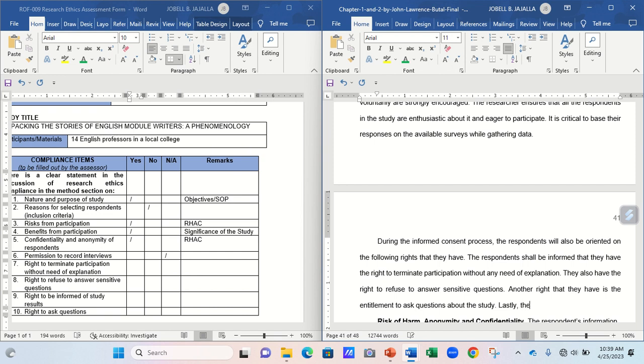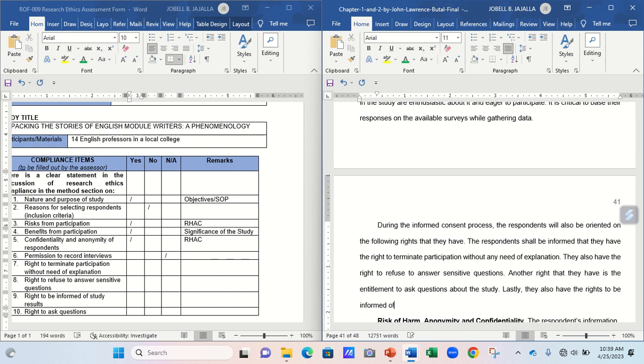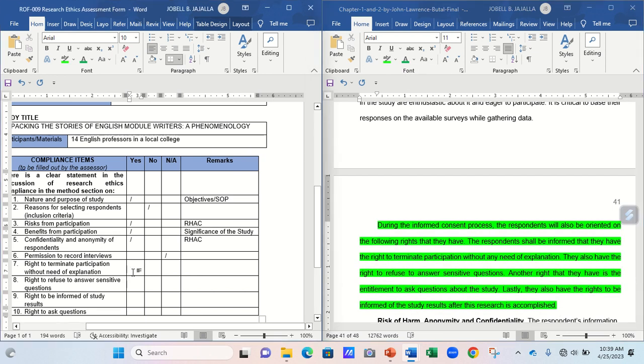Lastly, they also have the rights to be informed of the study results after this research is accomplished. So, ana lang class, dali ra kayo siya. Ibutang lang nato ni siya ng mga provisions para na mo pasarta sa ethics. So, check, check, check, and check.